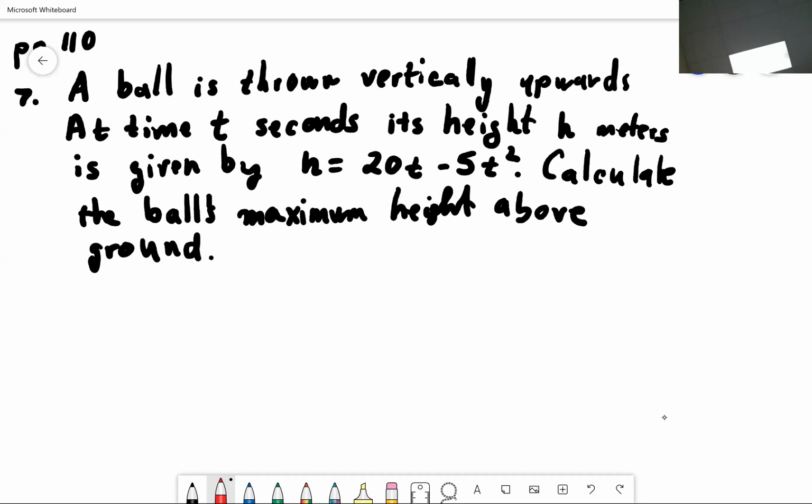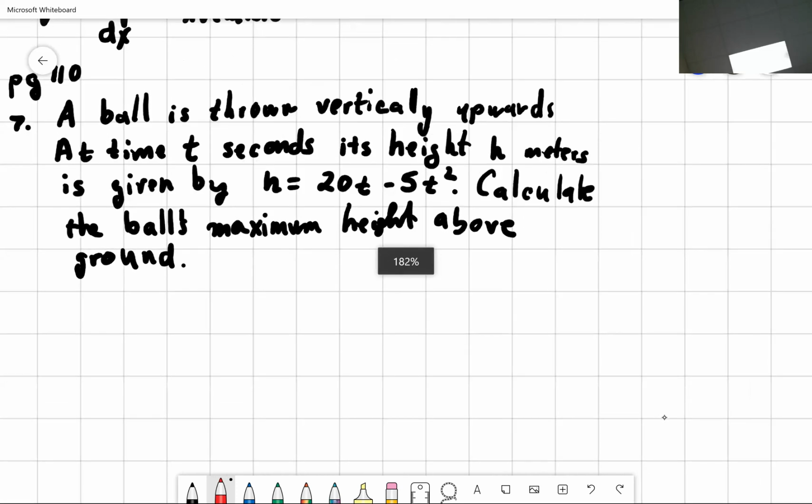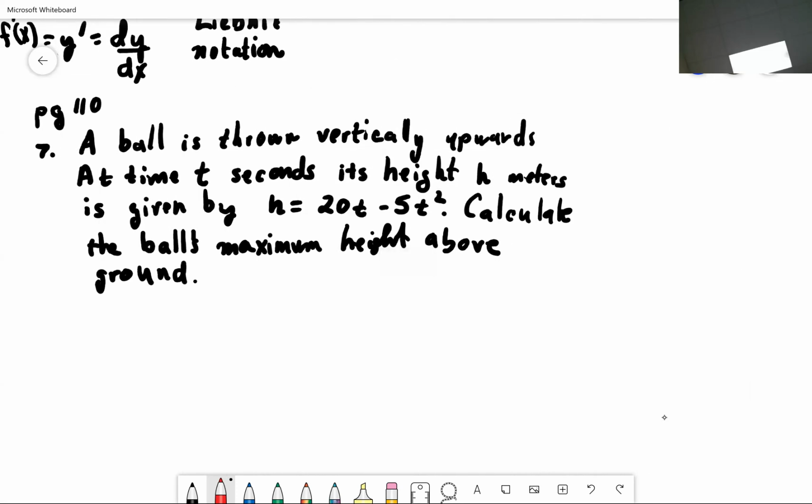So here we have the ball. We're going to go ahead and do the derivative of h with respect to t. So we say dh/dt equals, what's the derivative of 20t? 20. What's the derivative of negative 5t squared?